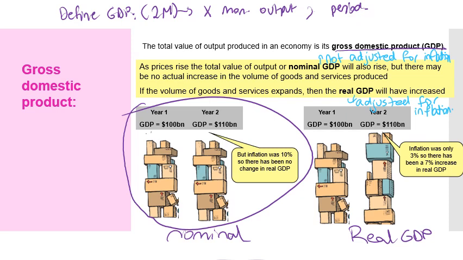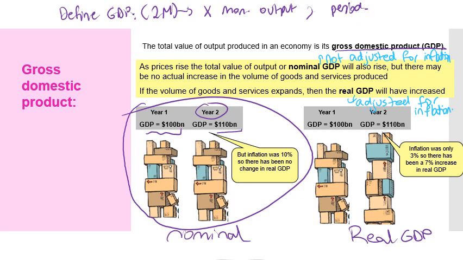In the last year, the nominal GDP of a country was $100 billion. In the current year, which is year two, it has increased to $110 billion, as you can see. The price inflation was 10% over the same period. This means all of the increase in the nominal GDP is explained by the rise in the general level of prices.